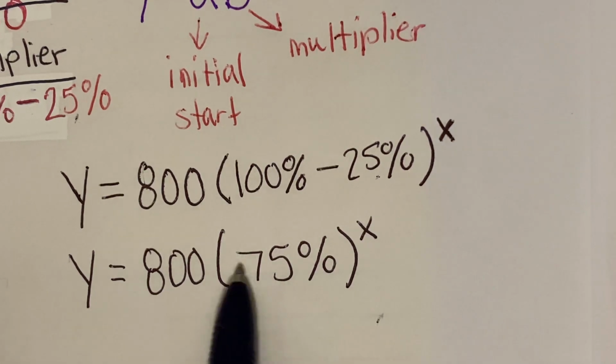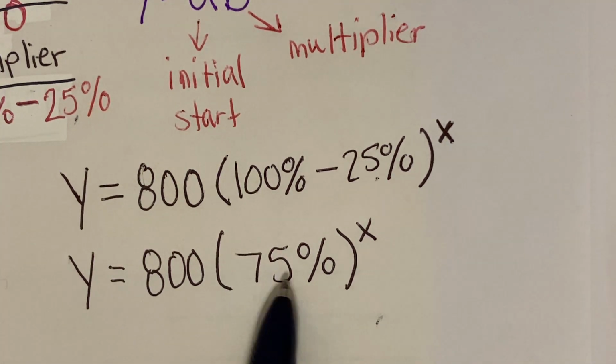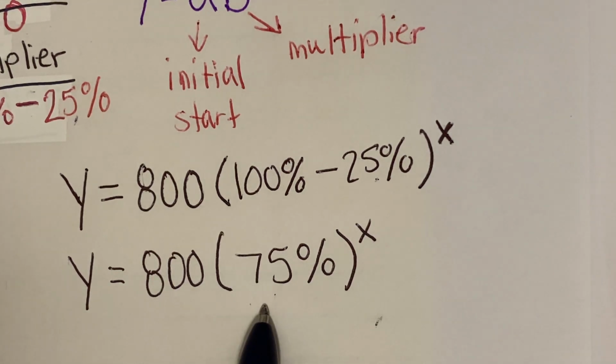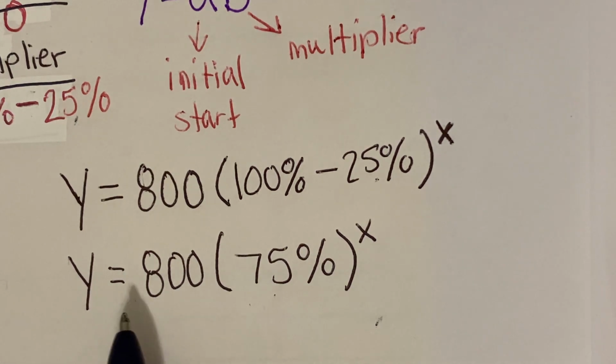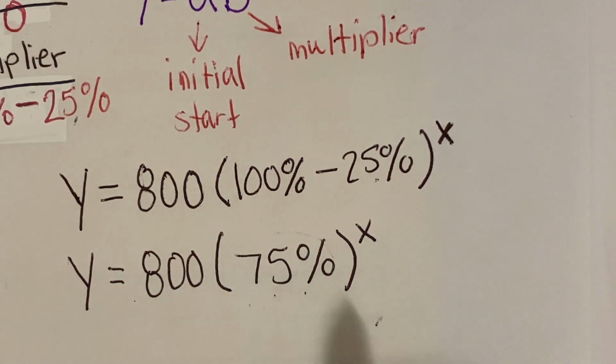Because it was increasing. Here, our multiplier is less than 100%. And the reason it's less than 100% is because in our word problem, we're talking about medication, and medication dissolves when it's in the body. So there's going to be less and less of it in your body as time progresses. So that's why this is less than 100%.